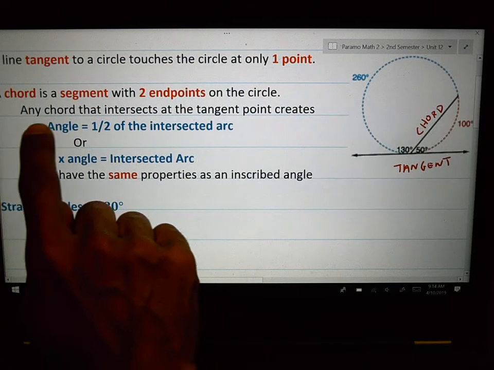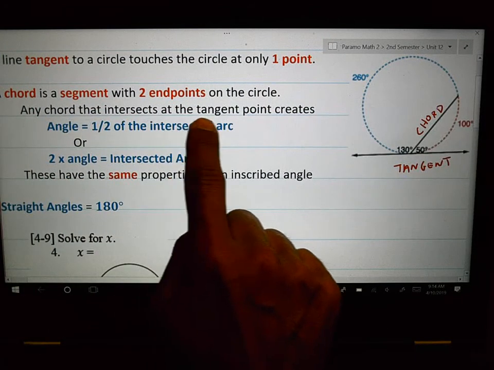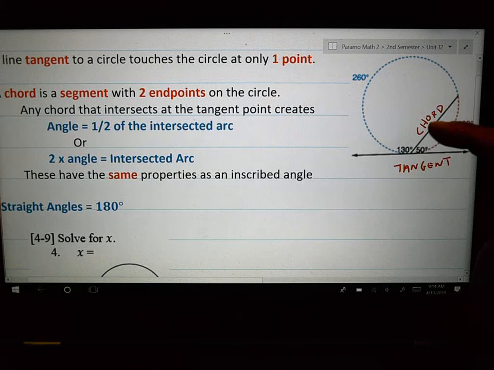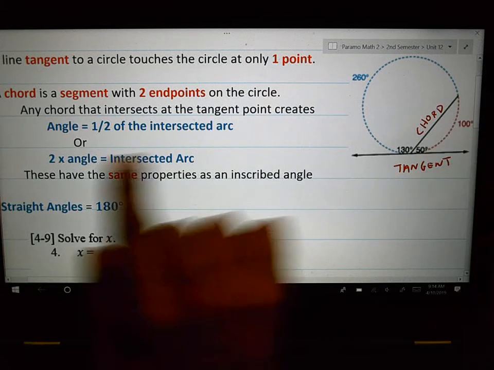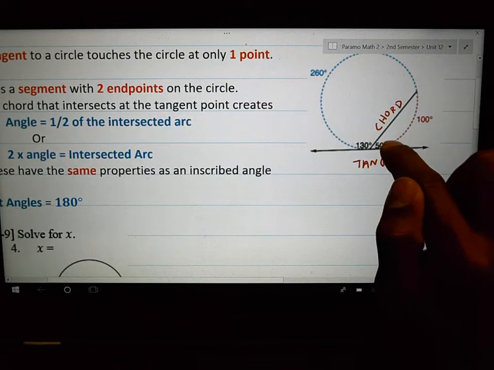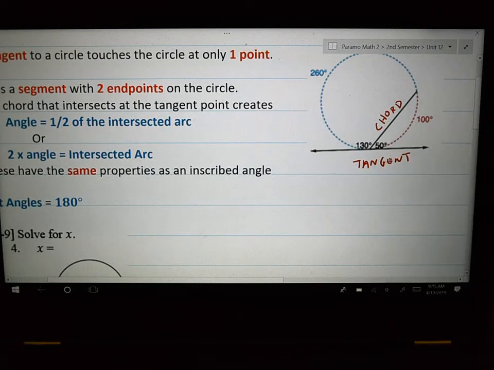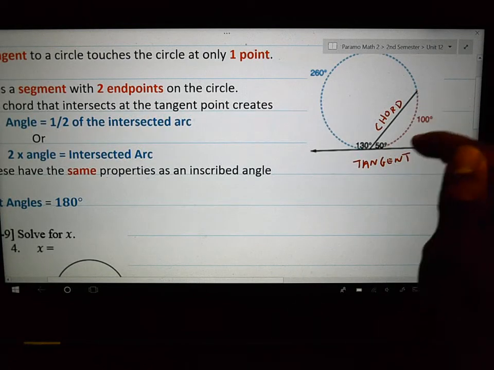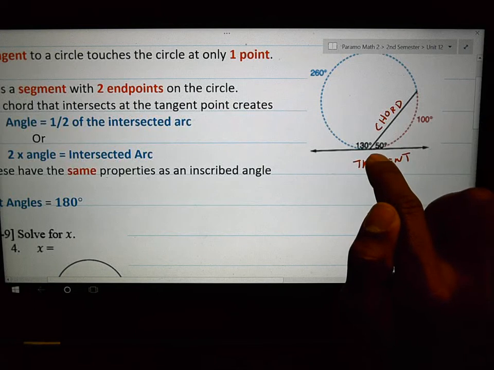We talked about that. Any chord that intersects at the tangent point, when this intersects at that tangent point, this angle is half of the intercepted arc. So if this is 100 degrees for the arc, that angle is exactly 50 degrees.